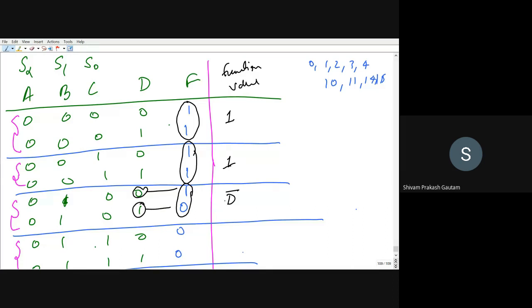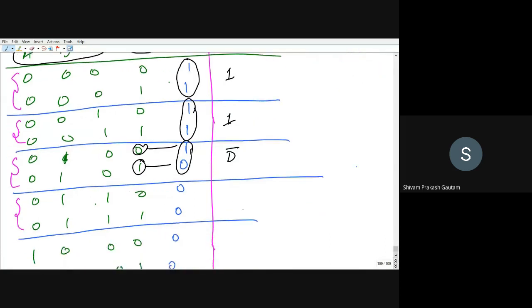So you can use the other variable that is not used in the select lines. These variables are fixed in the select lines, but this variable is free to use, right? So for 0, 1, 0, I can represent it using D bar. That means whenever ABC is 0, 1, 0, I can pass D bar as the input. Next case, what can I write here? 0, because both the inputs are 0.